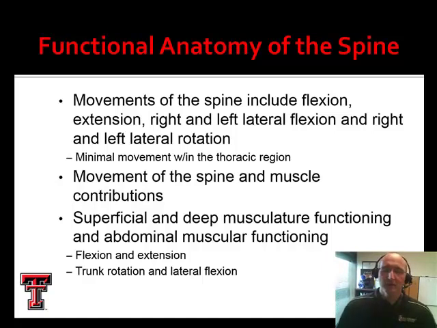We don't get much movement at all in the thoracic region because we have ribs there, so most of the motion that we get in the spine will be relatively small from segment to segment, but the fact that we have our entire vertebral column through which to move means that those small contributions to motion add up, and we end up with the range that we're after.